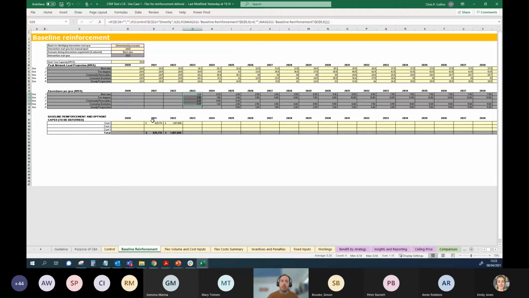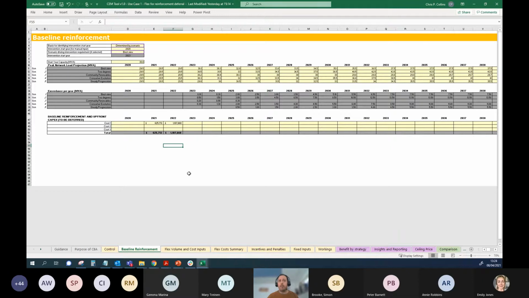Under the baseline, there is an assumption that there is some expenditure to make sure that by 2023 that substation is reinforced. This is your conventional plan, where you do some work ahead of the expected need, and that costs you some money, effectively capital expenditure. So this is the baseline strategy, which is to reinforce the network.